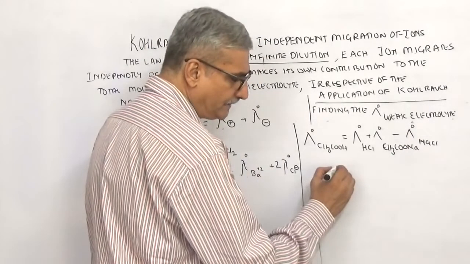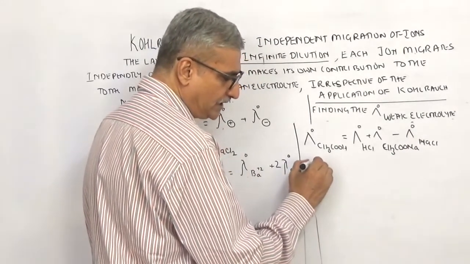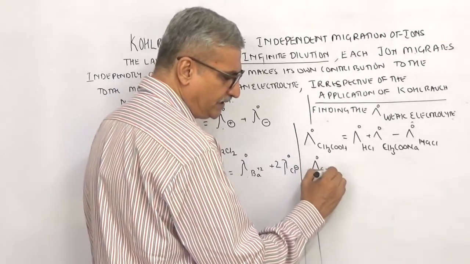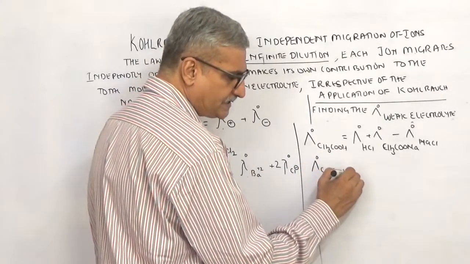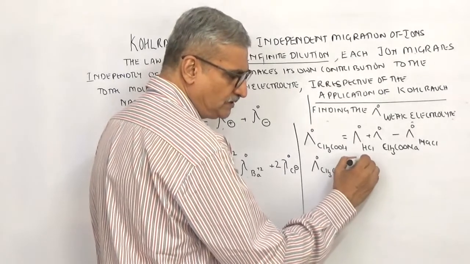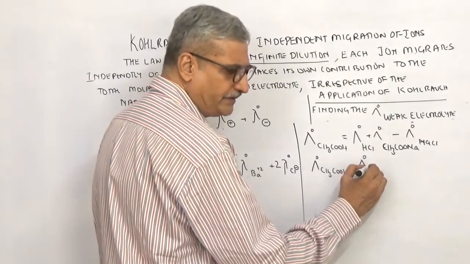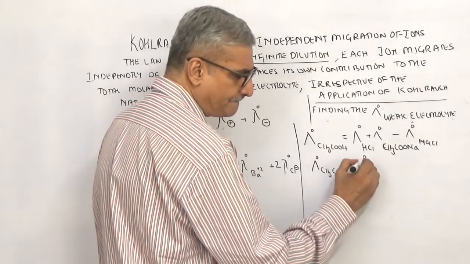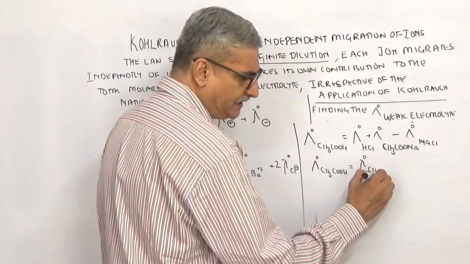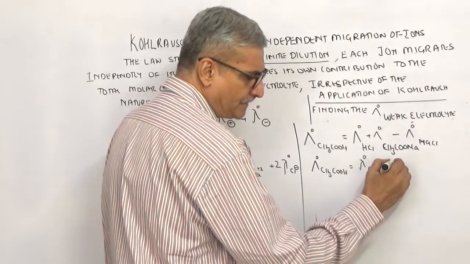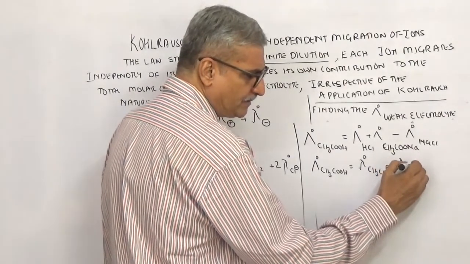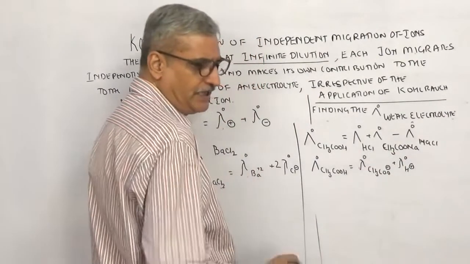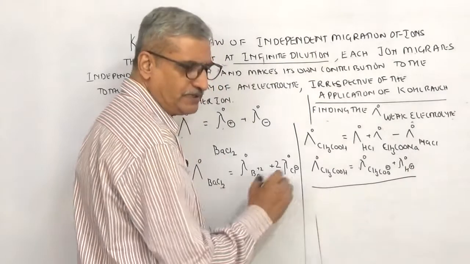So what am I saying? The molar conductivity at infinite dilution of the weak acid, acetic acid, should be equal to the molar conductivity of acetate ion and H plus ion. If I am able to get this value, my work is over.